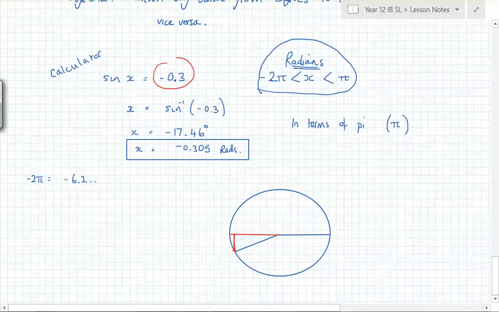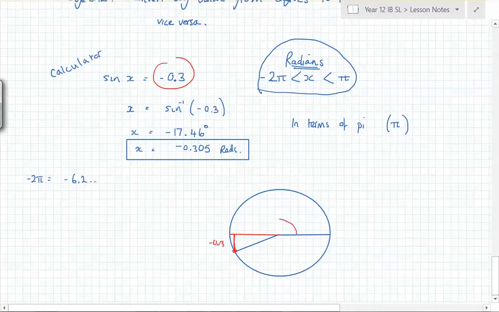Sine of x is minus 0.3, so this length would be minus 0.3. The coordinates of that point would be whatever cos is, but I haven't worked it out. It's no longer a fraction. It's not the ones I have to remember. It's what my calculator has told me. Actually, this solution here is what angle?